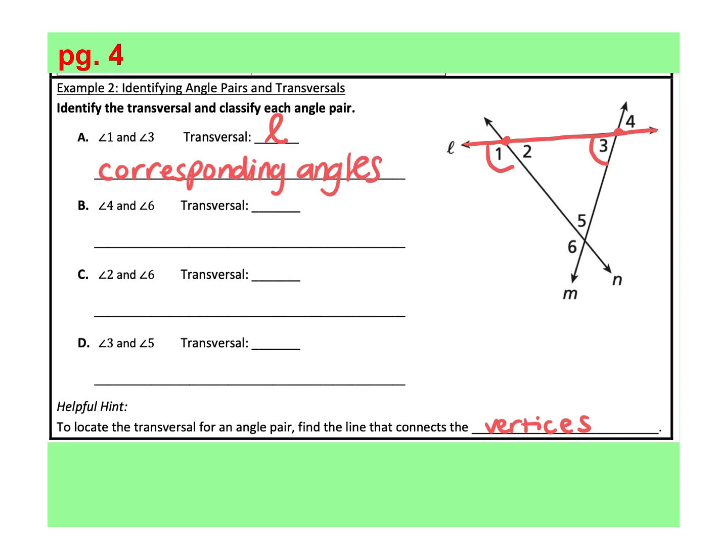Next, let's look at angle 4 and angle 6. So here's 4 and 6. And this time, if I connect the vertices of those angles, we have M as our transversal. Notice that 4 and 6 are outside the two lines, and they're on opposite sides of the transversal. That makes them alternate exterior angles.